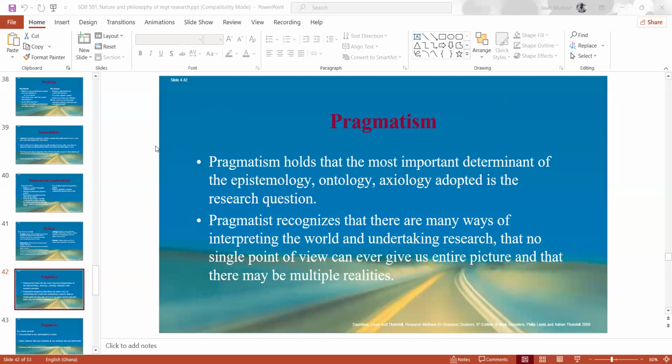So the pragmatists will recognize that there is no single philosophy that can competently provide an exhaustive understanding of knowledge, that can provide a comprehensive understanding so far as research is concerned. So for that matter, there is no need to stick to a single view, okay?